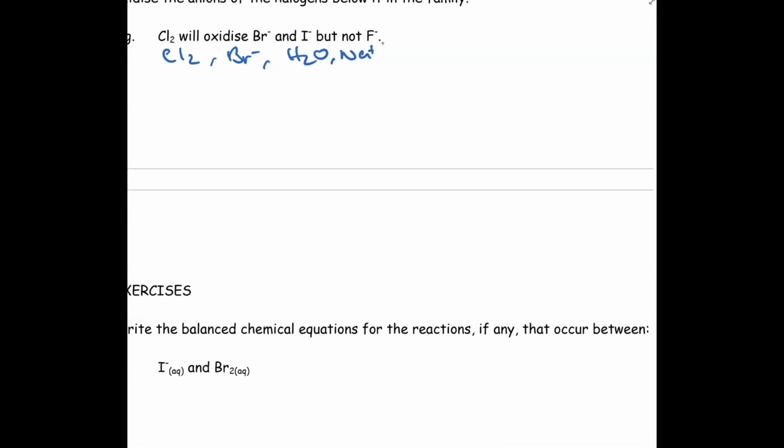So put your finger at the top and find the strongest oxidizing agent. And as I go down, I see that's chlorine. So chlorine plus 2 electrons goes to 2 chloride ions. E0 for reduction is positive 1.36 volts.